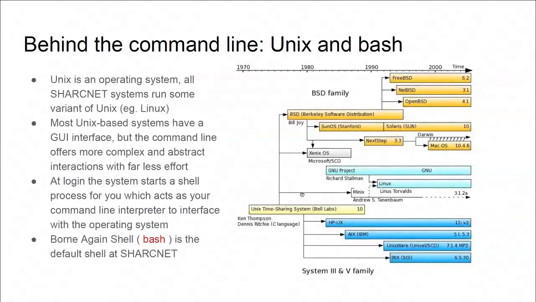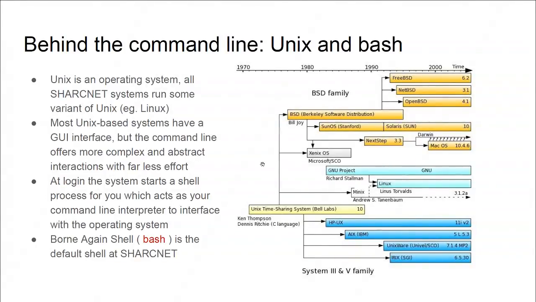So to get started, first thing you'll want to know about the command line is, what does it actually consist of? What's actually running behind it? So at Sharcnet and most high-performance computing facilities, as well as most web servers and whatnot, they are all running an operating system called Unix, or some variant of it. So you can see on this table on the right-hand side here, there's a Unix timeline.